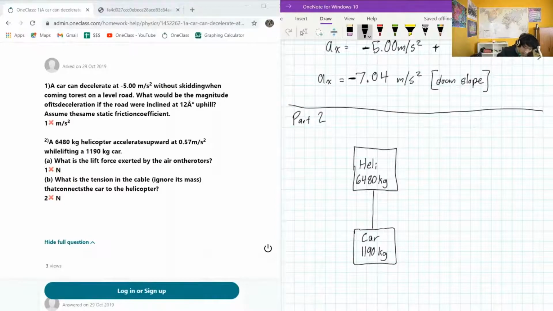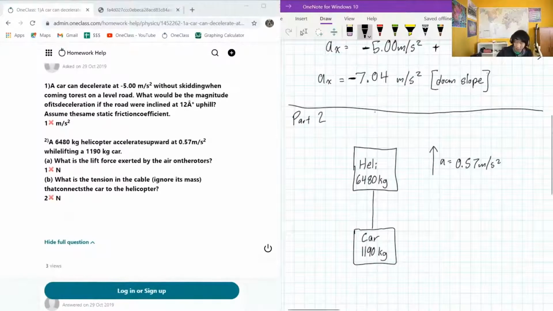And we know that this whole system has an upwards acceleration of 0.57 meters per second squared. Okay, so that's the total acceleration.